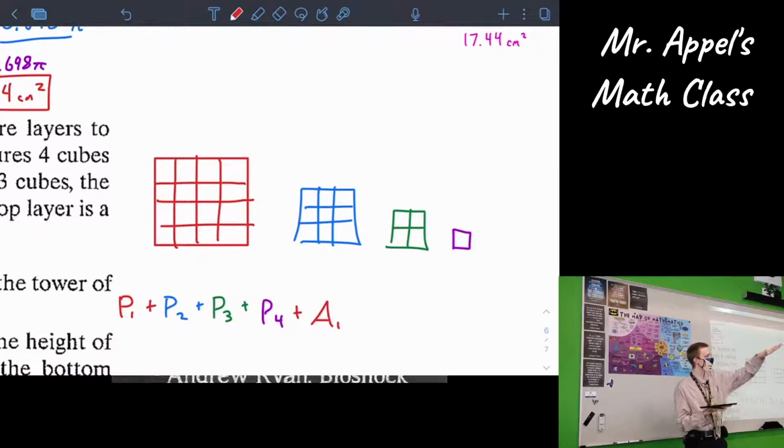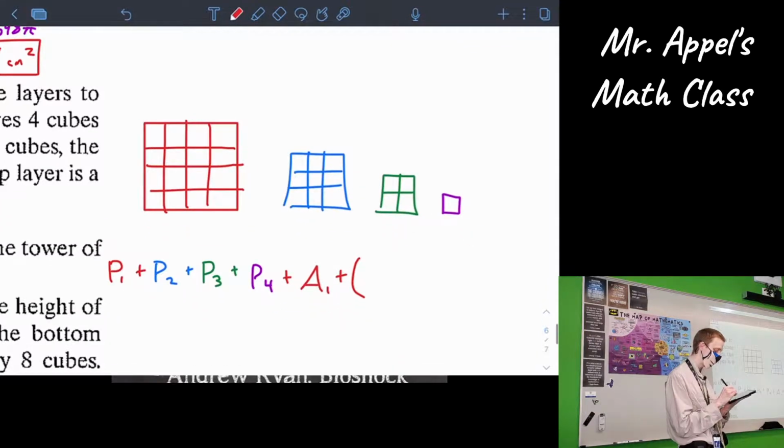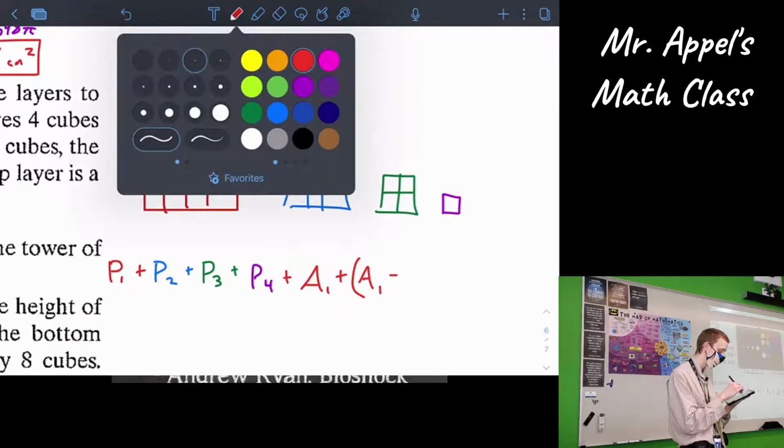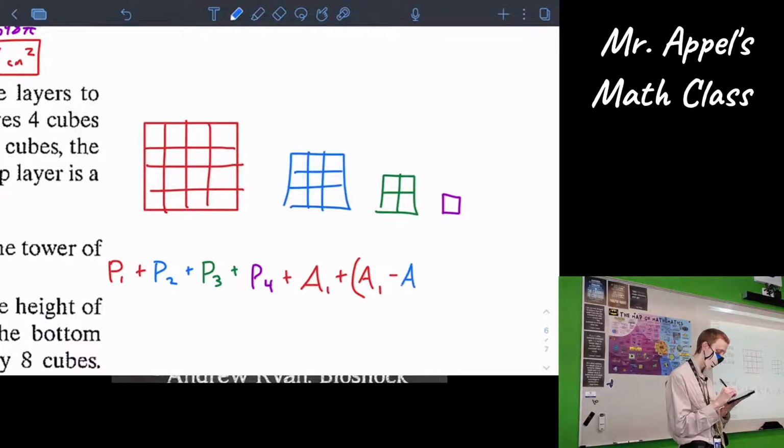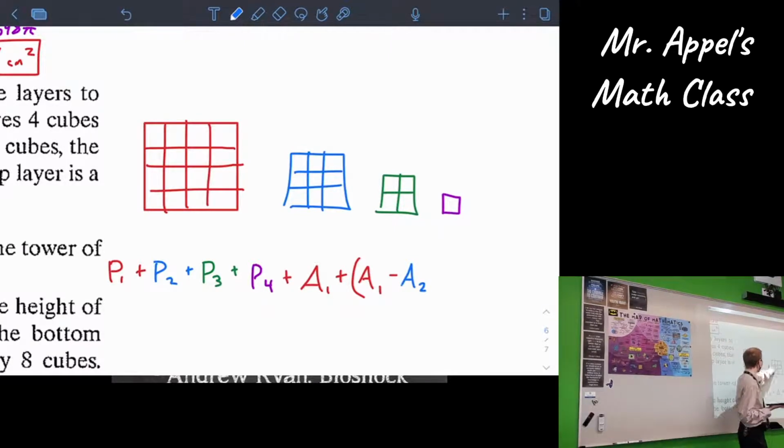Now we need the top of that layer. But we don't get the whole top, right? We only have the top minus the next layer covering it. Yeah?